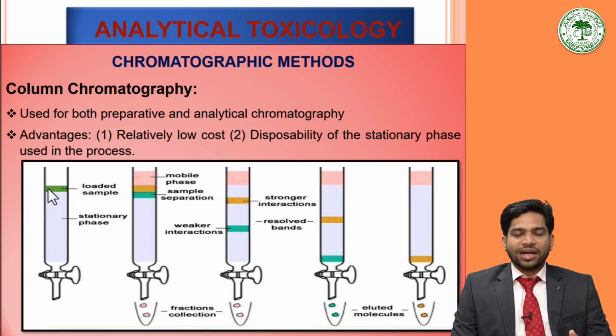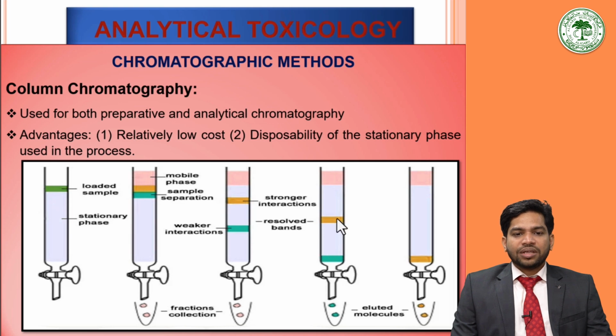A sample is loaded on the column and then the mobile phase is added, so that it will cause the movement of the constituent solutes of the sample on the column. Different constituents will have different movement. If a constituent has a stronger interaction, it will move less, and one with a weaker interaction will move farther.